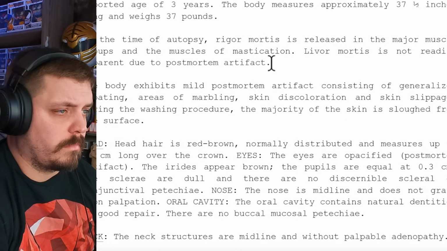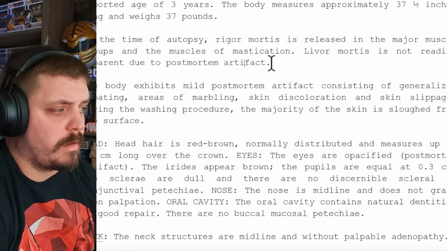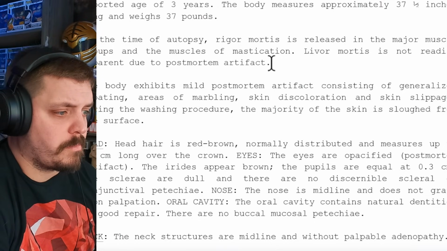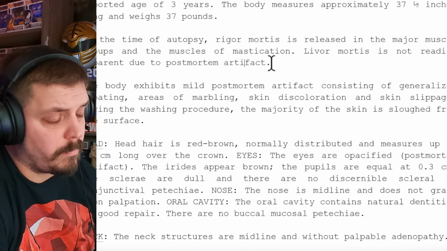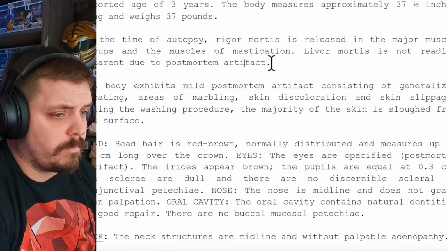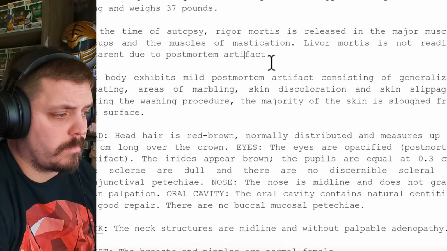But as I explained in Shanann's autopsy, the specifics around rigor mortis: it comes on and is released in a predictable pattern, but the actual timings can vary. It can vary depending on how hot or cold it is, the size of the person, the age of the person, what they've eaten in the recent past, in the last hours or days in life.